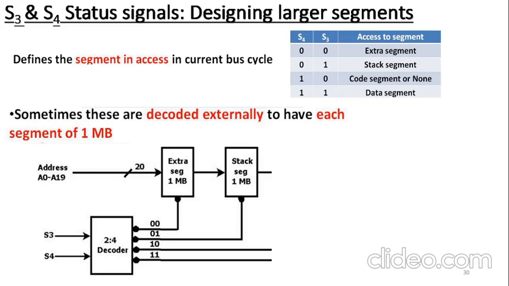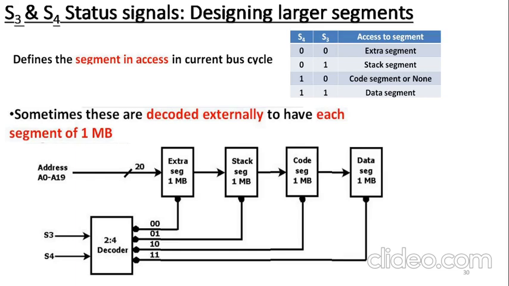Then from the third entry of the table, 1, 0 is the code segment. So here the third output of that 2 to 4 decoder, 1, 0, will be selecting a code segment memory of 1 megabyte. Address lines are still connected in parallel. And then the last part is the last 1 megabyte, which is selected from the last output line of the 2 to 4 decoder, where the selection is 1, 1.